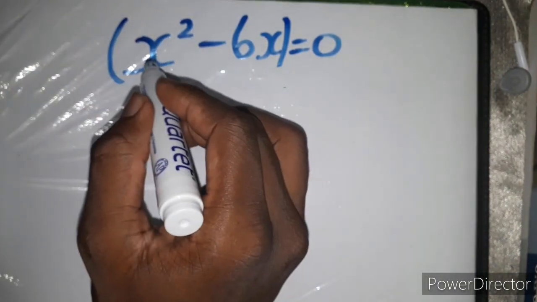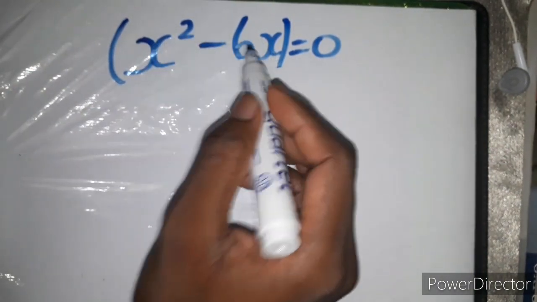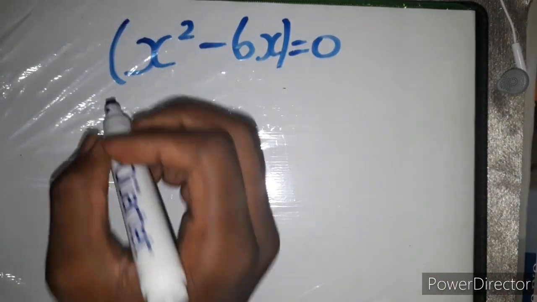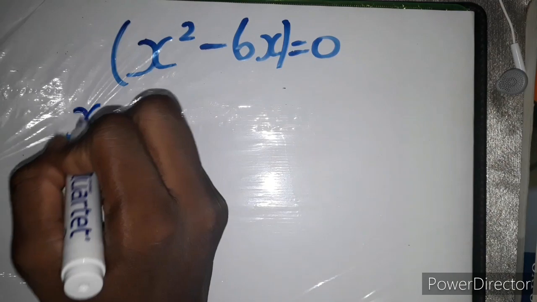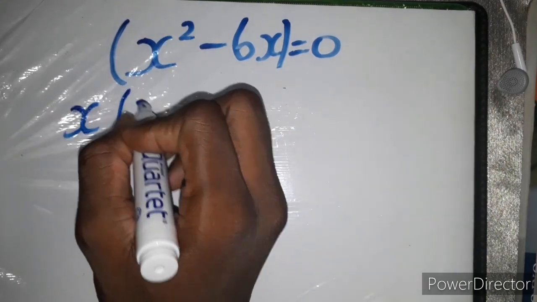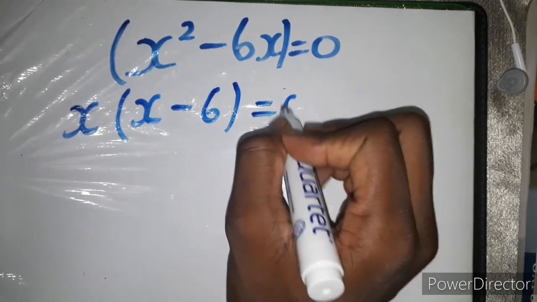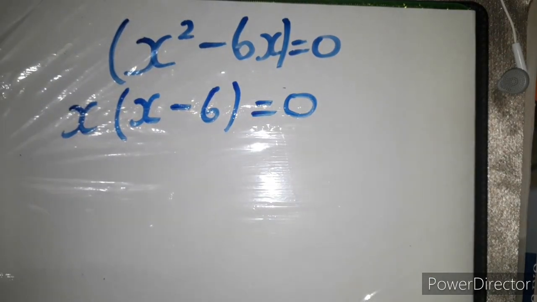We have to take out what is common between the two terms. You see x is common, so we factor out the x, and we are left with x minus 6, equal to 0. And that is how we factorize it.